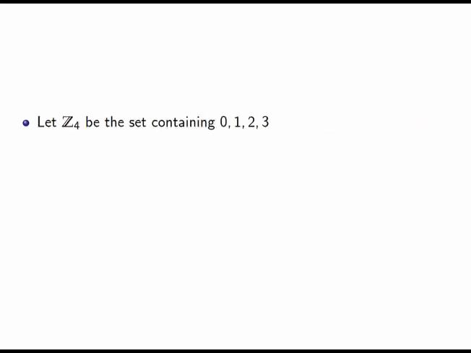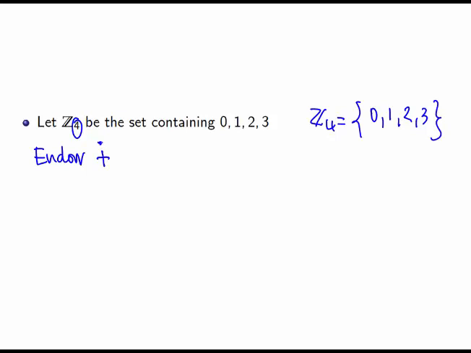Now let's consider Z4, where 4 is a subindex. So Z4 is the set of 4 elements, 0, 1, 2, and 3. And then we'll endow this with an operation which we'll denote by plus star. This is also called addition modulo 4. Let me explain what this addition is doing.